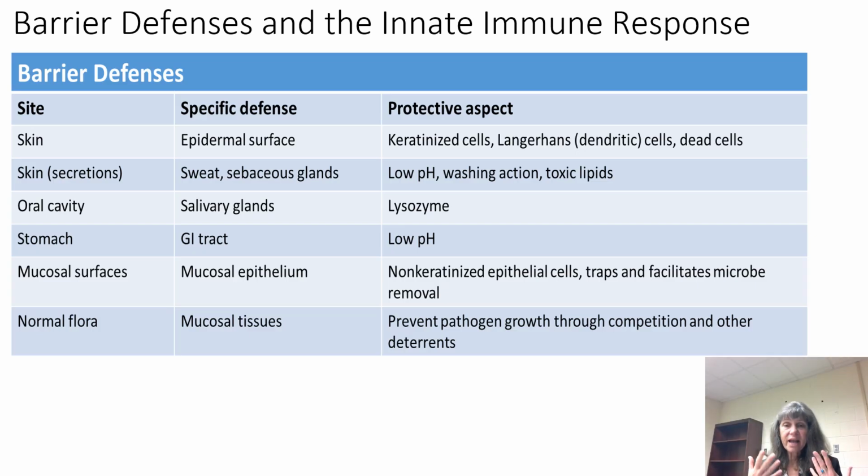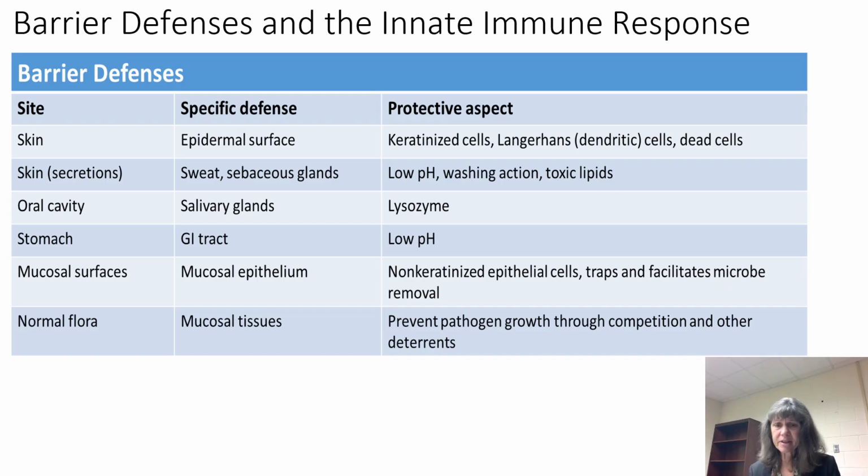Our oral cavity has salivary glands that have an enzyme called lysozyme. To lyse means to break or burst apart, so that can break apart pathogens. Our stomach, our gastrointestinal tract, provides a very low pH level, especially in the stomach. We have a lot of acid, so that can kill pathogens.